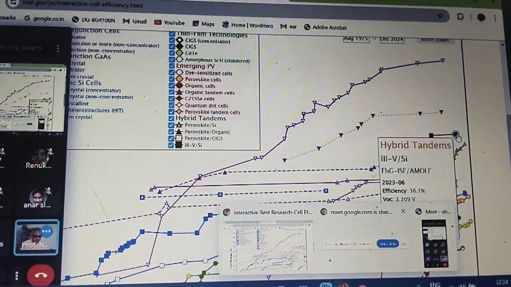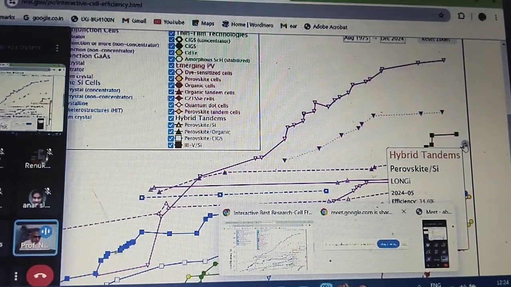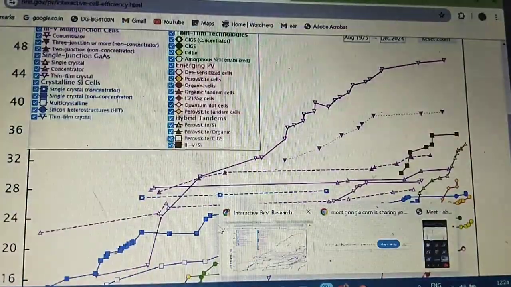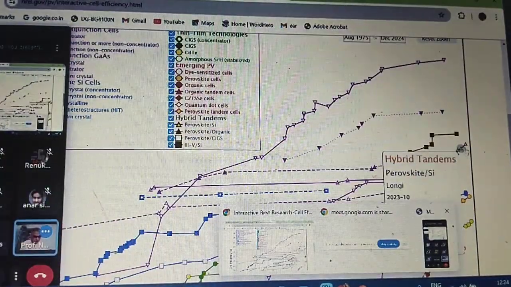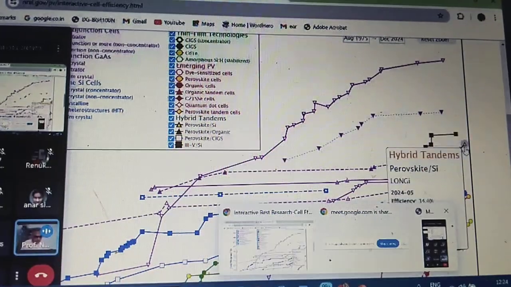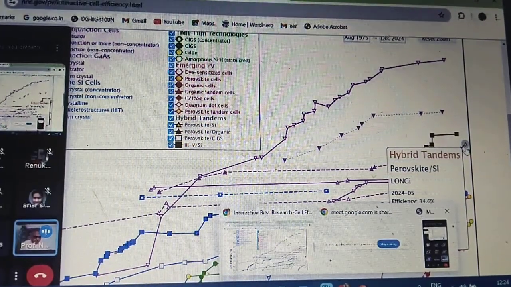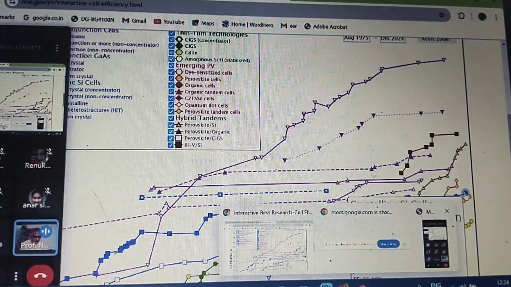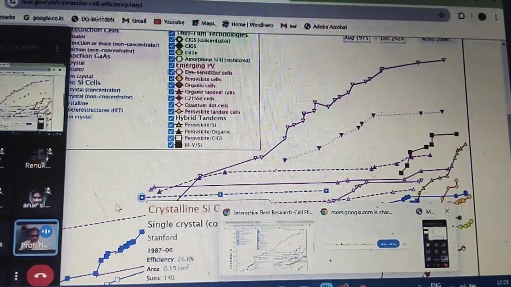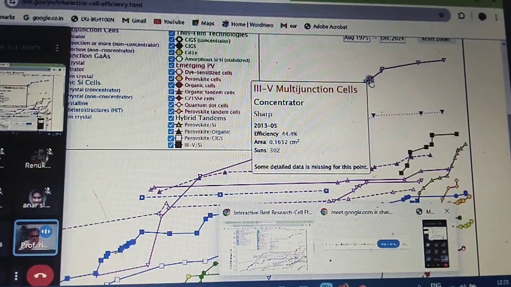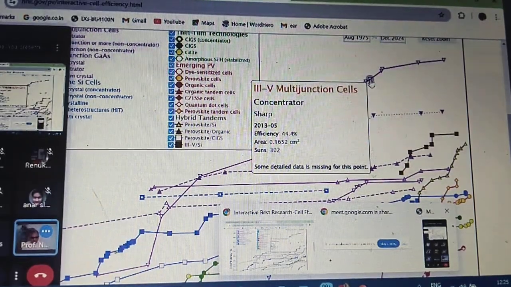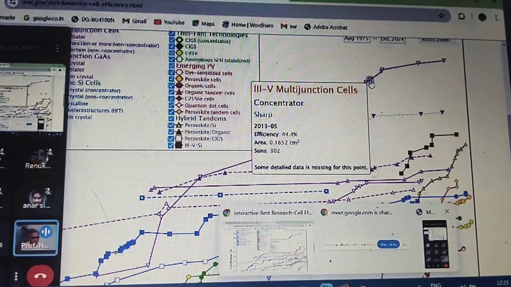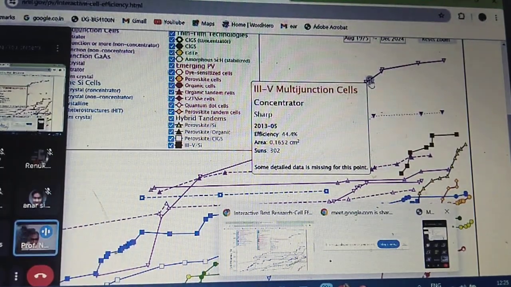Then perovskites is giving us, it's difficult to show, perovskites efficiency 34.6, and this is CIGS. So like that. If you see this chart, you can find what are the various types of materials. These are absorber layers which are being used as absorber layers.